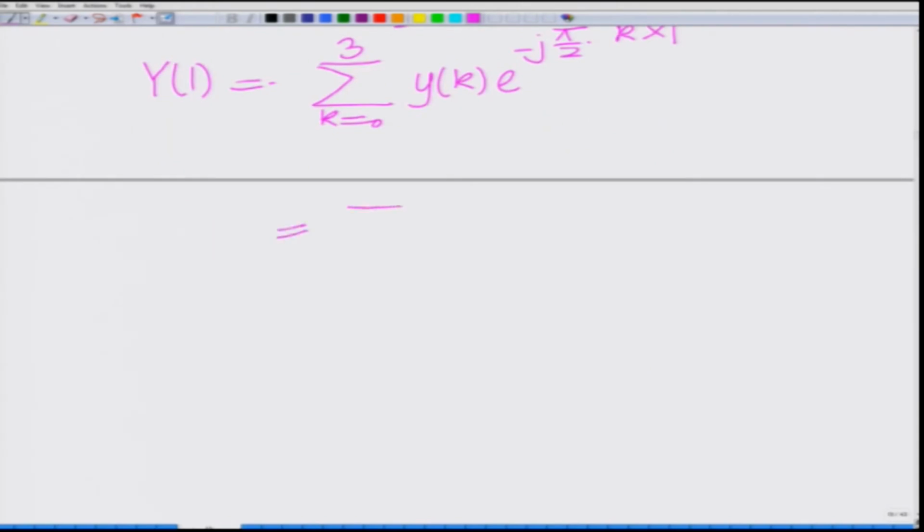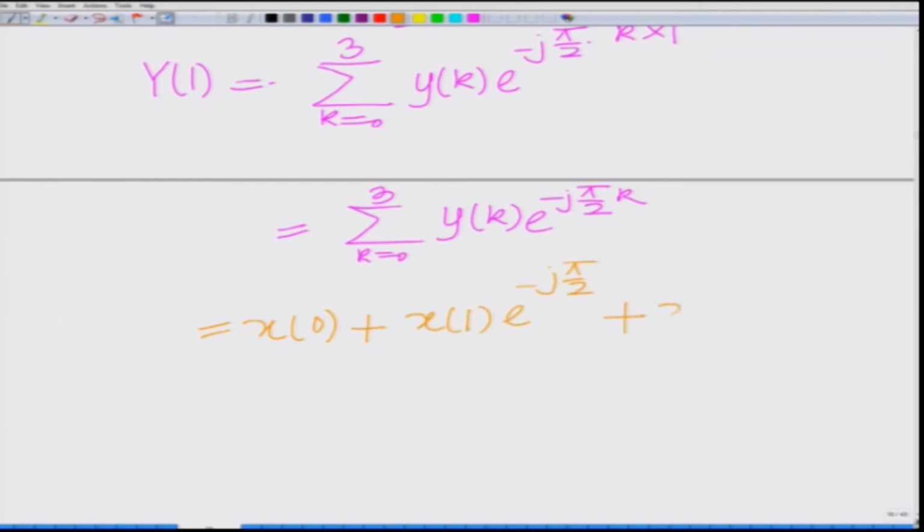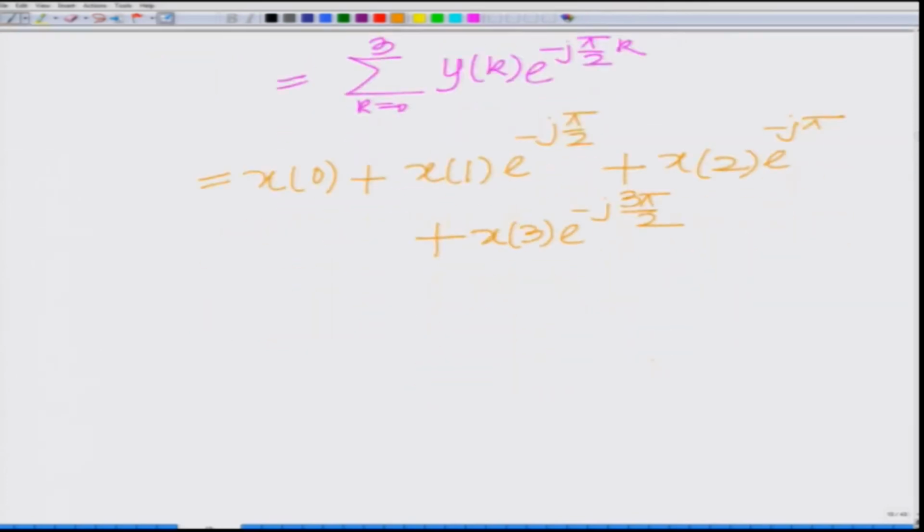Now expanding this summation, I have small y0 plus small y1 e raised to minus j pi by 2 plus small y2 e raised to minus j pi plus small y3 e raised to minus j 3 pi over 2.